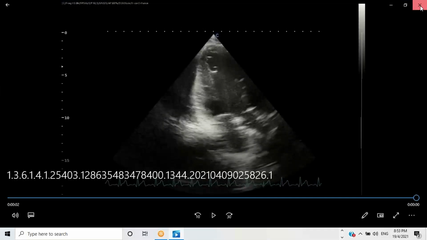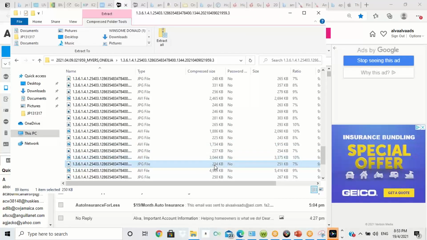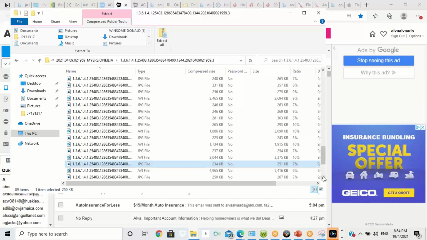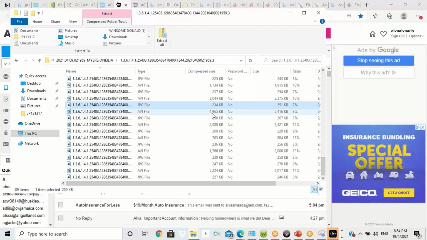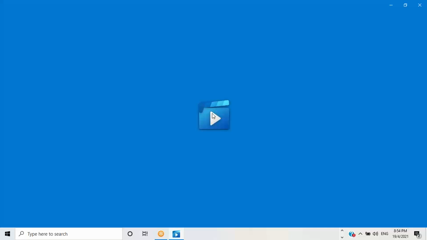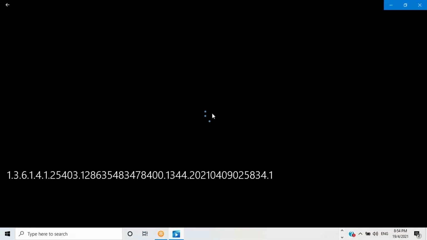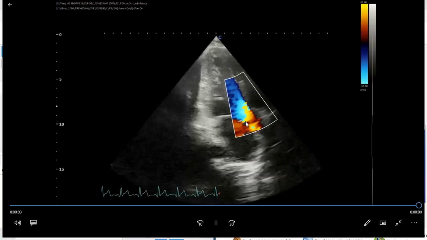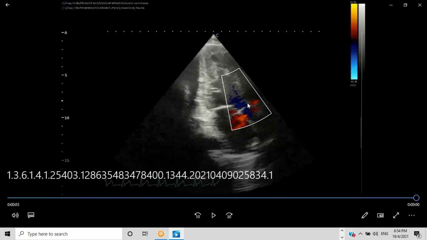So apical three-chamber view. You put the color across the aortic valve, and across the mitral valve as well.